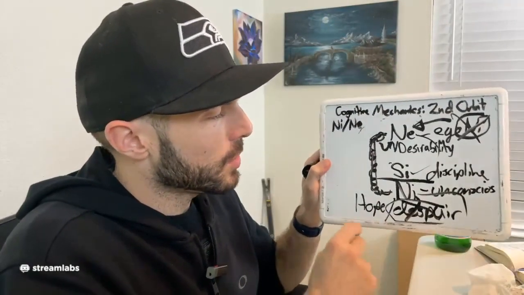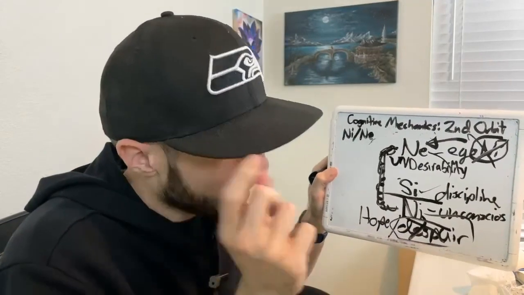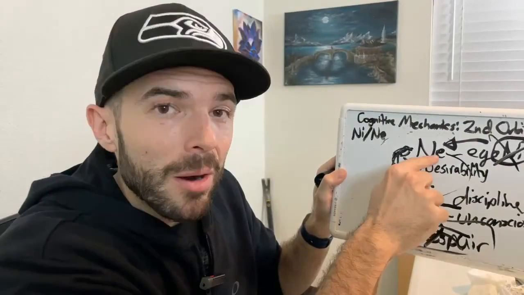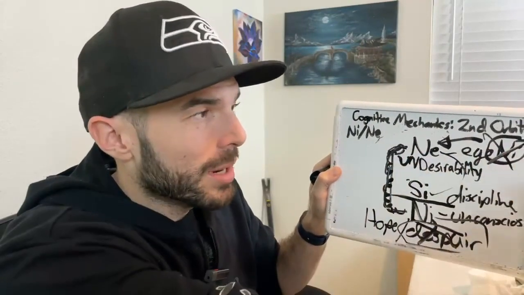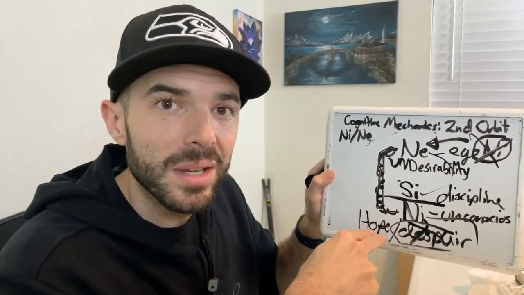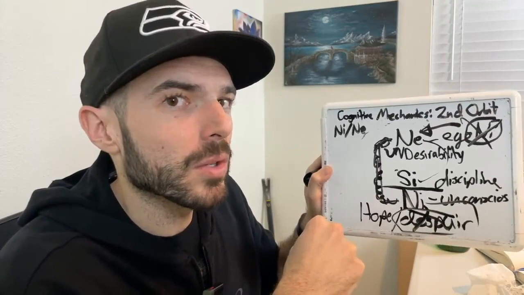If you're an NE user who is constantly despairing and perpetually depressed, guess what? You need to either work hard to make yourself more desirable so you can bring in other people who actually want you so you can have hope again. Have a better tomorrow. Oh, apparently that's how that works.